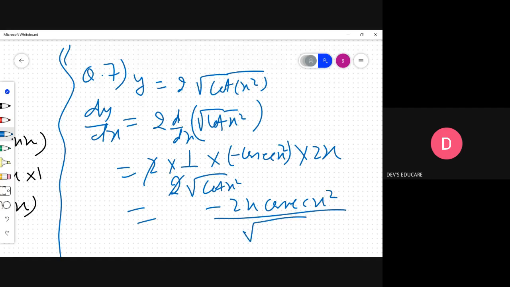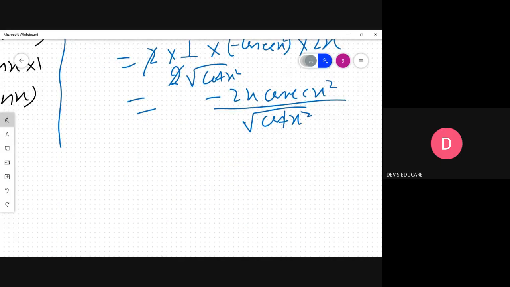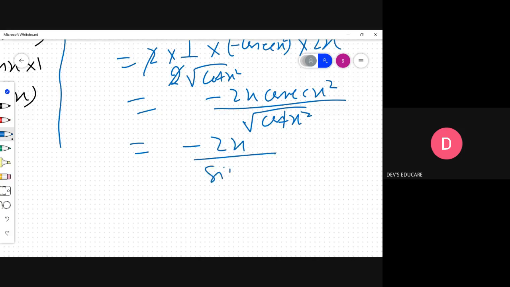The 2 gets cancelled. So it is minus 2x upon sine x square, and this is root cos x square into root sine x square.